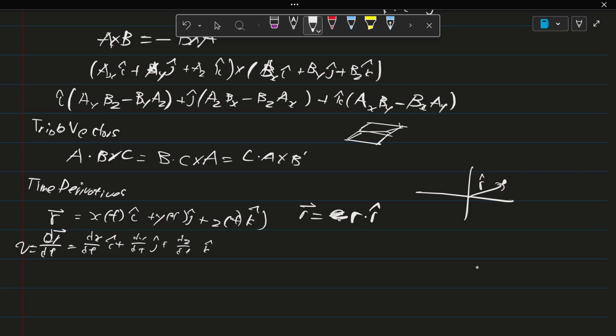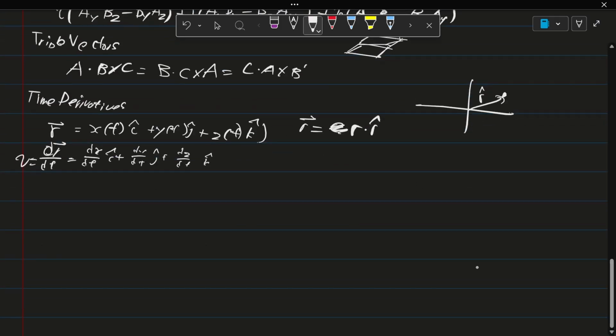So we could try to determine what is the velocity. Well, we'll be thinking of this in 2 dimensions first. So if we take the derivative, this will be d over dt of r times r hat.